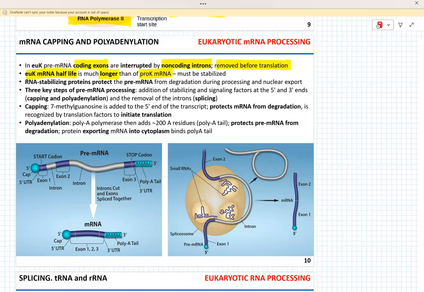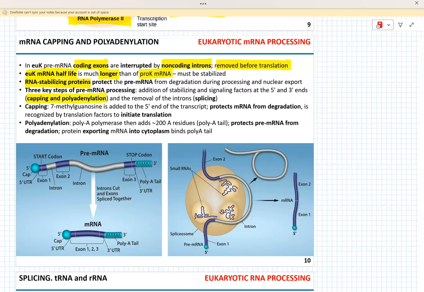Therefore, it must be stabilized. Stabilization is achieved by the use of RNA stabilizing proteins that protect the transcript from degradation, and the processing that facilitates the binding of those proteins are 5' capping and polyadenylation.